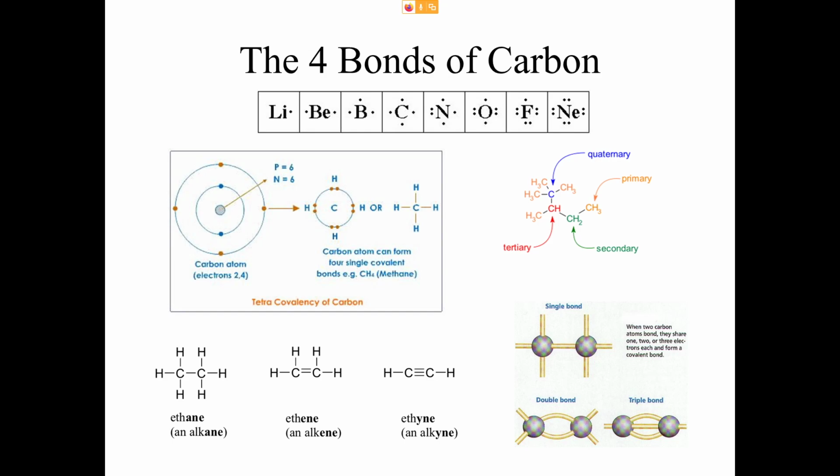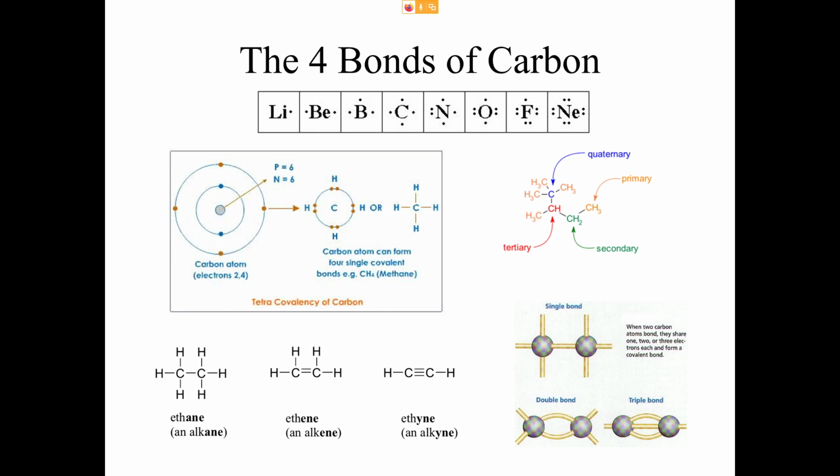So you've gotten used to doing that. There'll be 5 for nitrogen, 6 for oxygen, 7 for fluorine, and of course all 8 occupied in the noble gas neon. So back at carbon, we have 4 in the outer shell, but all of these would love to get to a complete outer shell. In other words, have 8 in the outer shell, and that's why carbon would make 4 bonds.